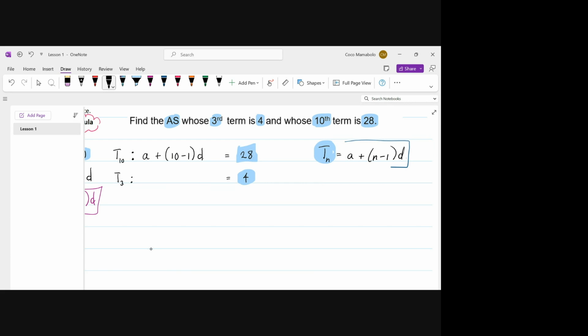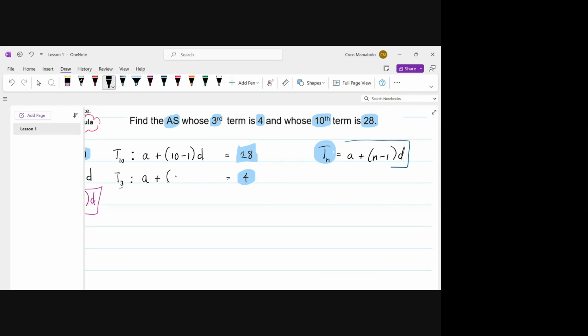A, good. A plus, open bracket, for 4. What is T? It's the third term. So what is our n? Our n is 3. Good, because it's T3, right? So finish up for me, please.